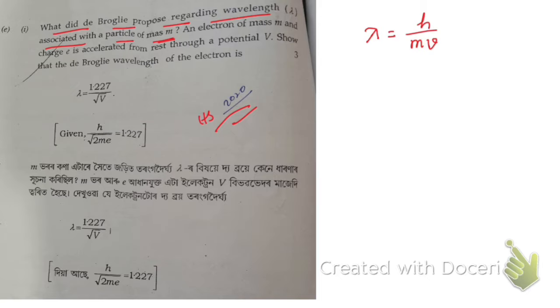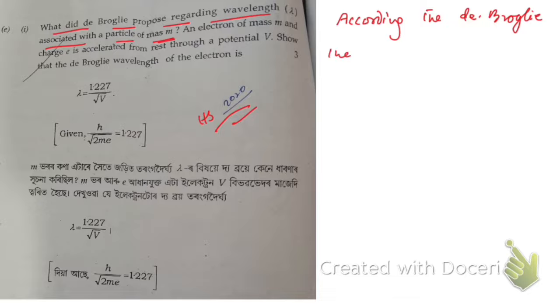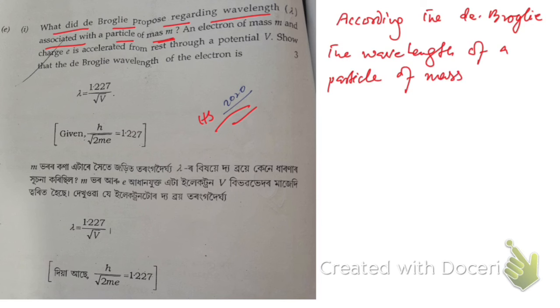Let me write it properly. Okay, so according to de-Broglie, the wavelength of a particle of mass m moving with velocity v.